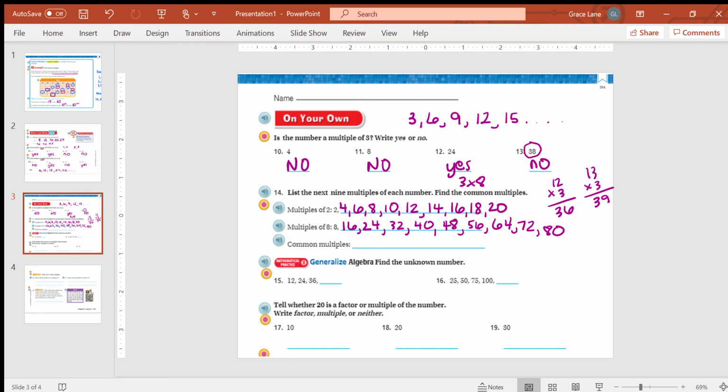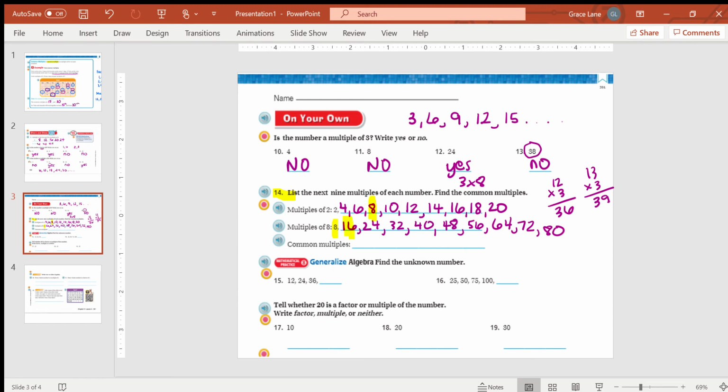Okay, then it says find the common multiples. So you want to figure out which ones that 2 and 8 have in common. I wonder if the highlighter is see-through. It is. Okay, let's highlight them. I noticed right away that the first multiple of 8 is 8, and it's also in the list of 2.